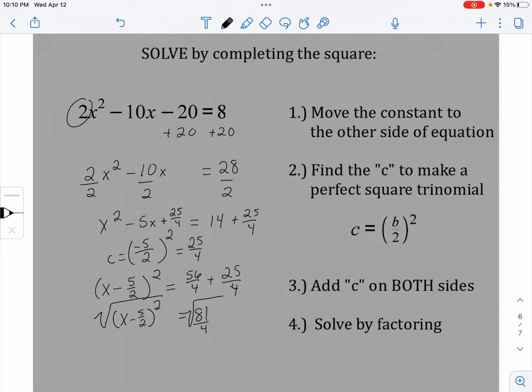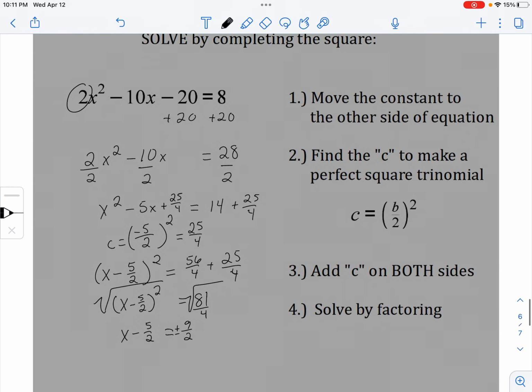Okay, now the square root's going to go away. So this is going to give us x minus 5/2 is equal to, well, the square root of 81 is 9. The square root of 4 is 2. So this is just equal to 9/2. Okay, and that is a plus or minus because it is the square root.